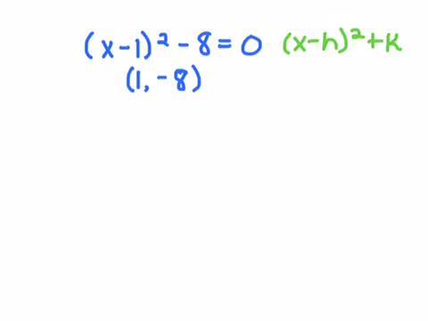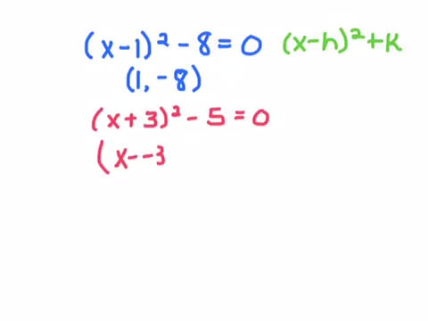The second one that we completed the square on back in the beginning of the video, the result once we completed it, was x plus 3 in parentheses squared minus 5 is equal to 0. The vertex would be negative 3. x minus negative 3 squared minus 5.